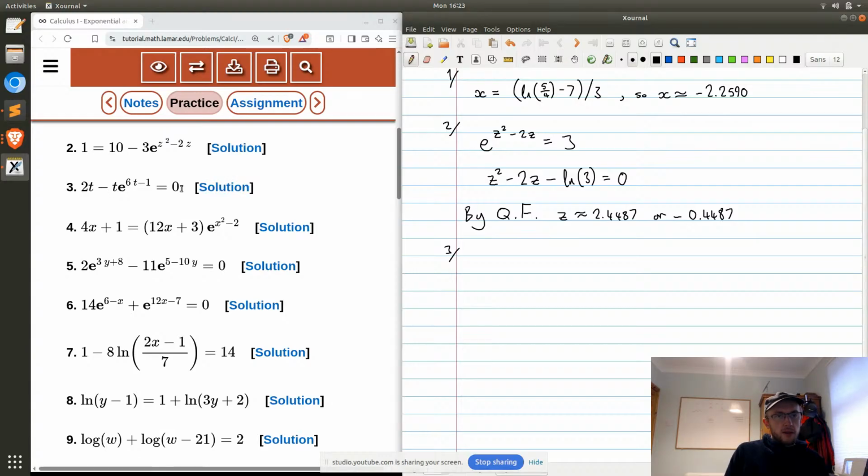Move 2t to the other side, so we have -2t, and then divide by -t, so we have just plain old 2. Or rather, think a little bit.